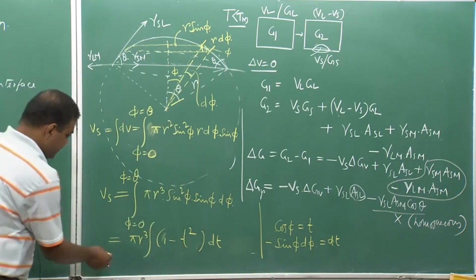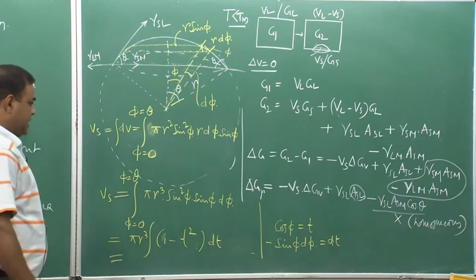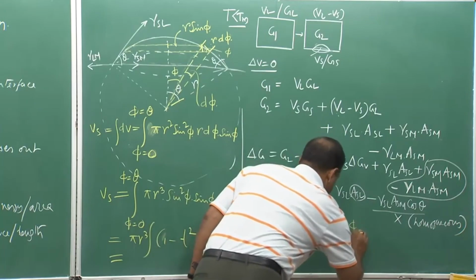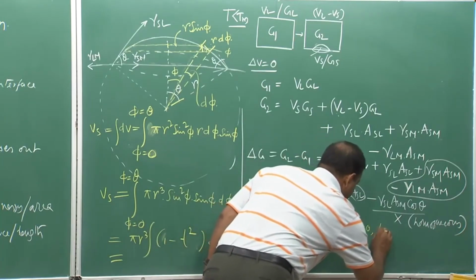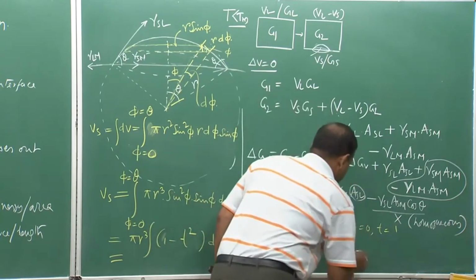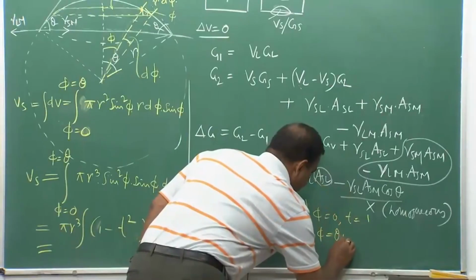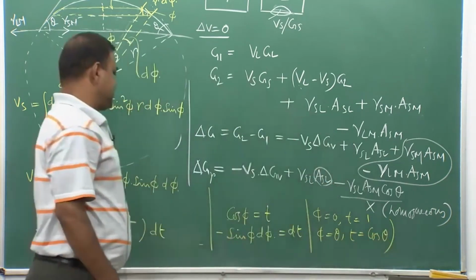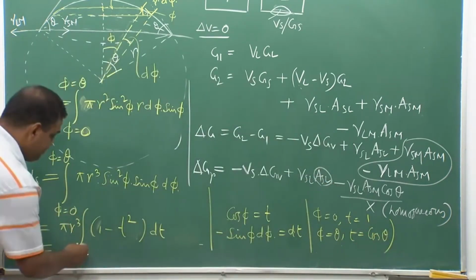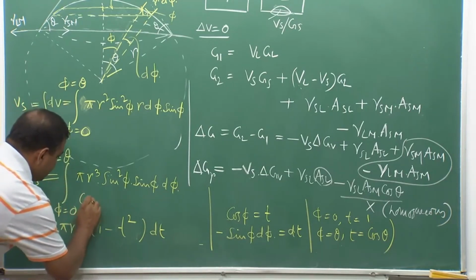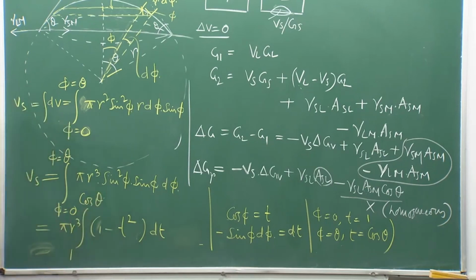So if we solve this, when phi equal to 0, t equal to cos phi, cos 0 equal to 1, and phi equal to theta, t equal to cos theta. These are the limits, and then the expression would change to 1 to cos theta.